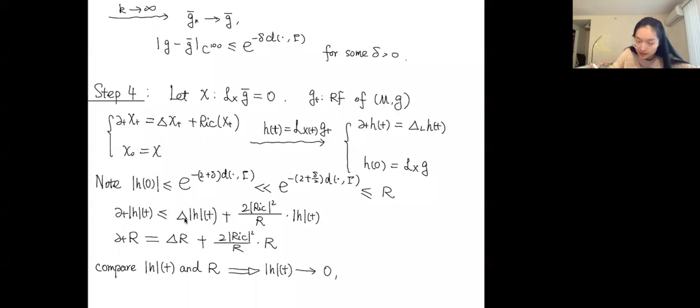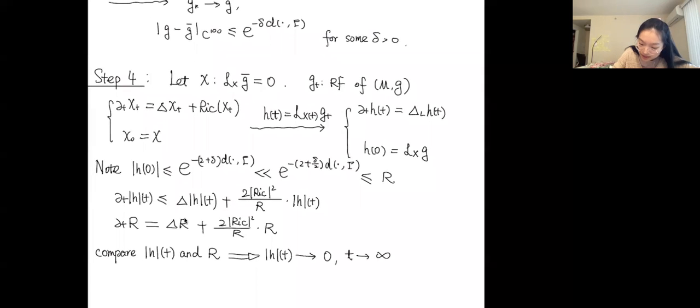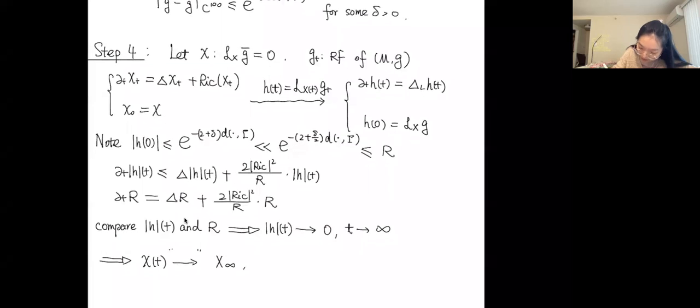So this goes to 0 as t goes to infinity. Okay, and now recall that I defined this h_t to be the Lie derivative of X_t, and so this, after modulo diffeomorphisms, will tell us that X_t modulo some diffeomorphisms converges to some smooth vector field X infinity, and this X infinity will be the Killing field of the soliton metric.